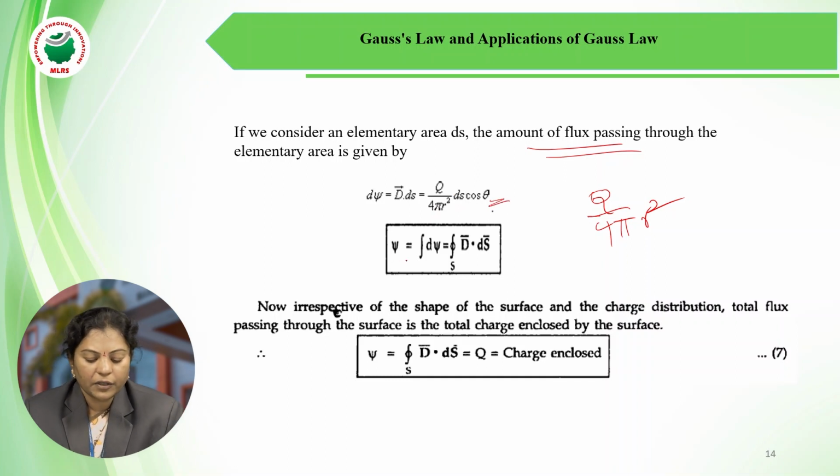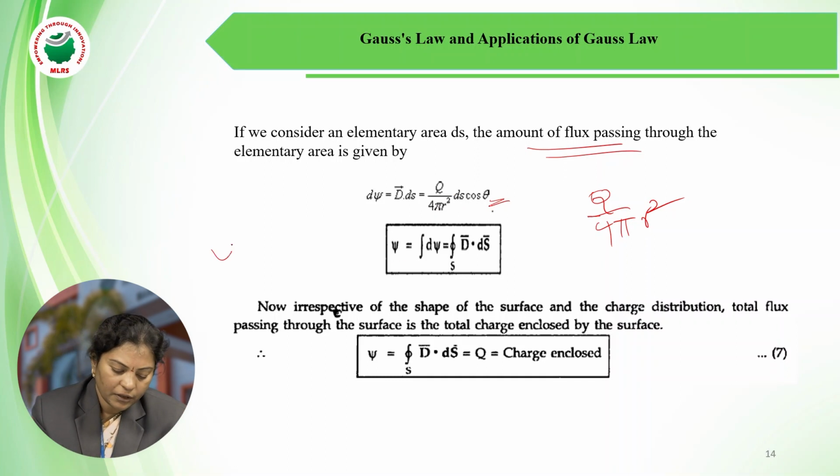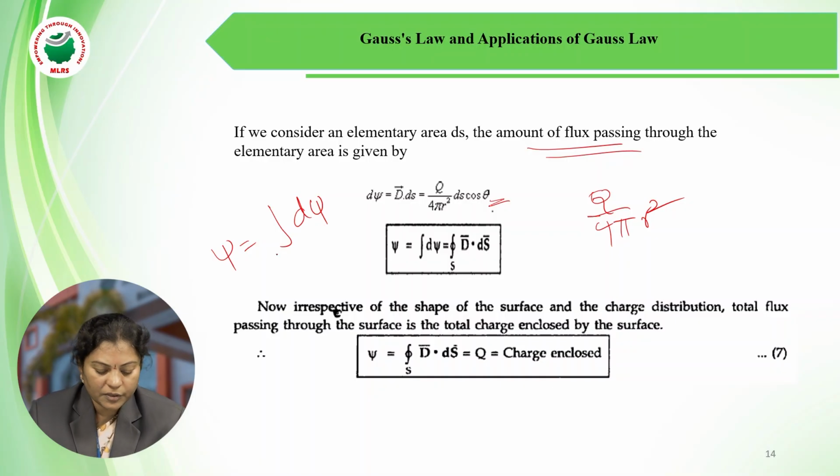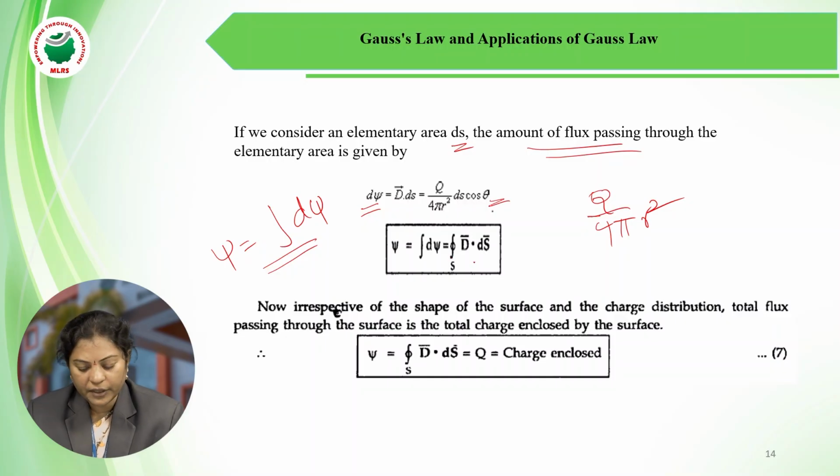So psi equal to the integration of d psi. Why? Because we need to calculate the total flux, so we need to integrate the differential flux over the area ds. So psi equal to integral of d psi, that is surface integral of D dot ds. So this is the Gauss law.